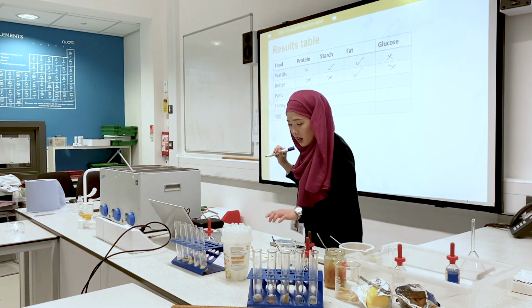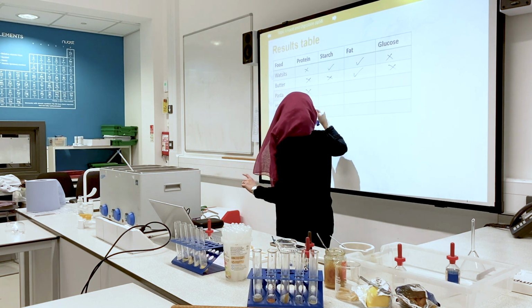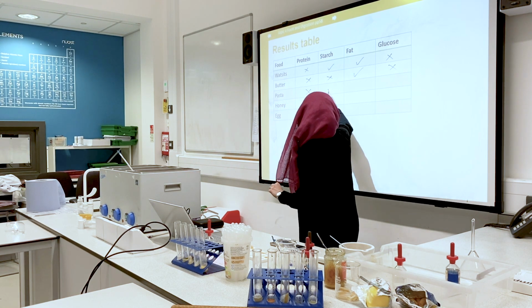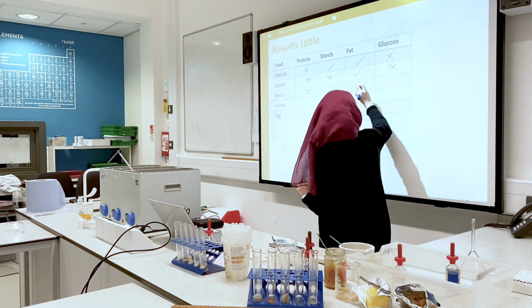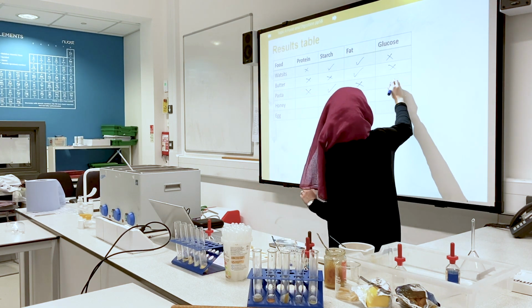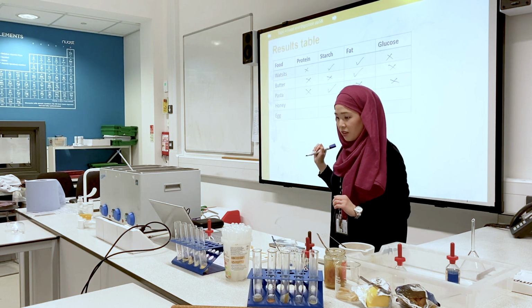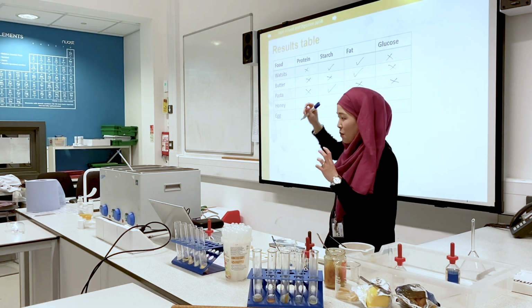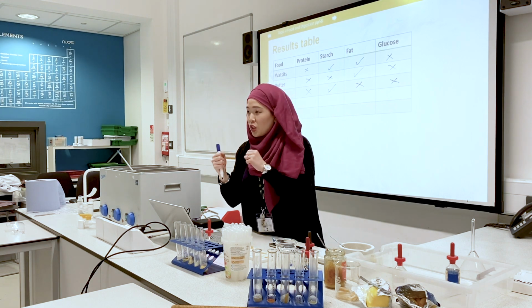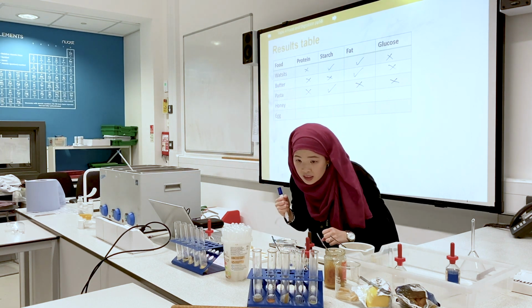For pasta, we did not test positive for protein. We did test positive for starch. Not for fat and not for glucose, though we may have seen a slight positive with glucose if the pasta was mushed up and broken down.